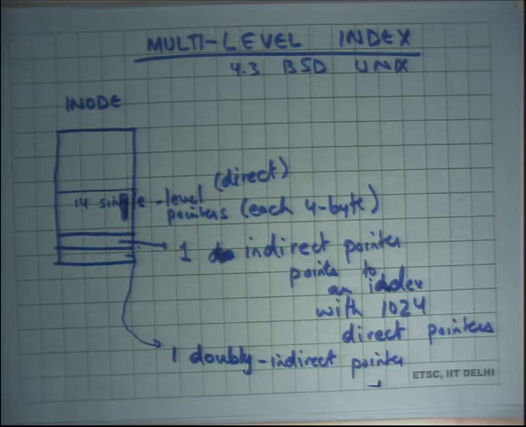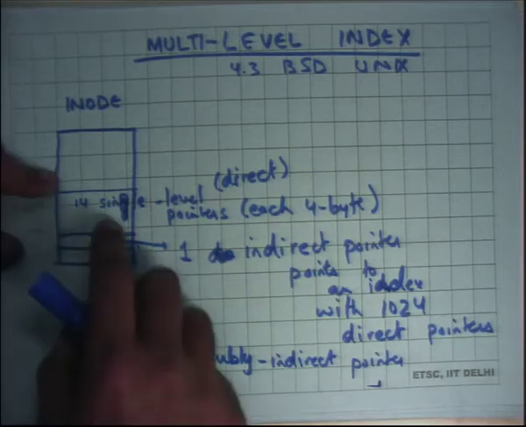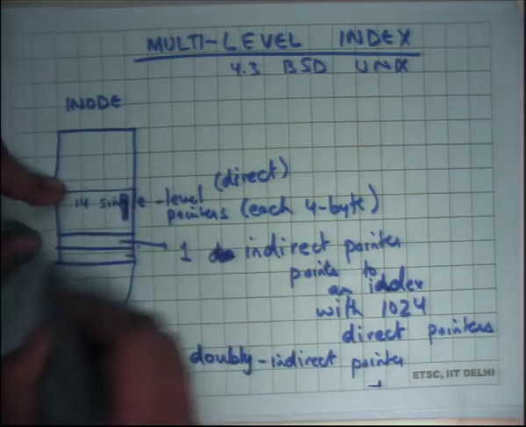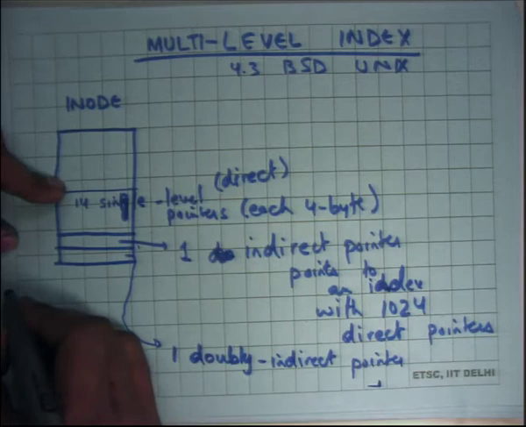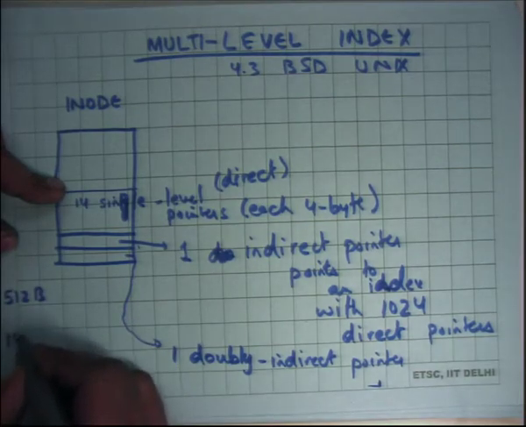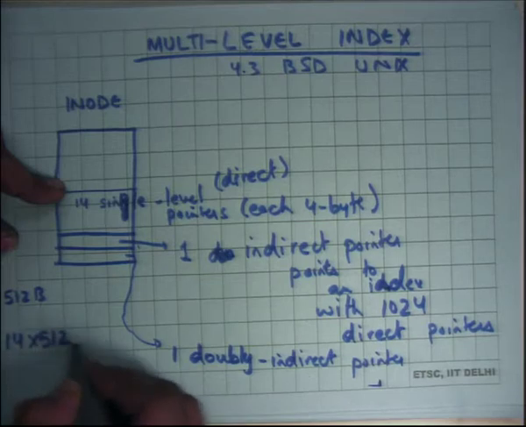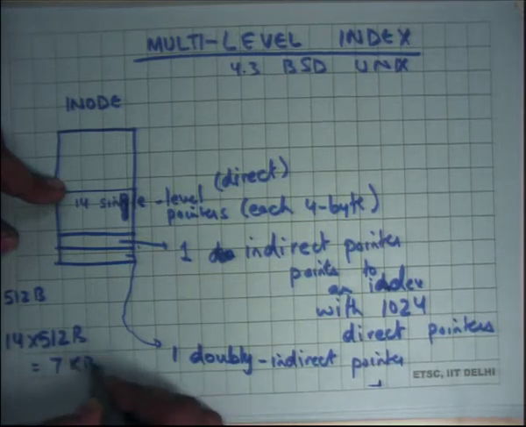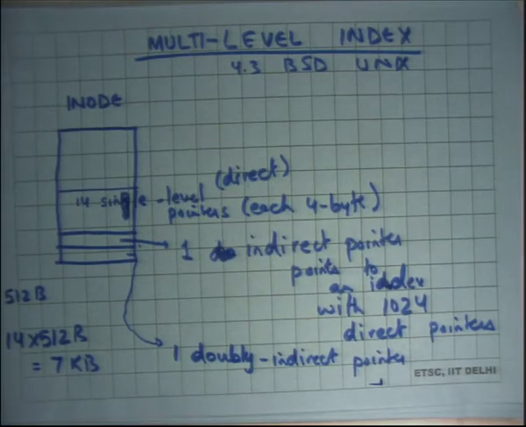With something like this, you have optimized for the common case, which is small files. Say my block size was 512 bytes, then files of size 14 times 512 bytes, that's 7 kilobytes, will need only one metadata access to be referenced.